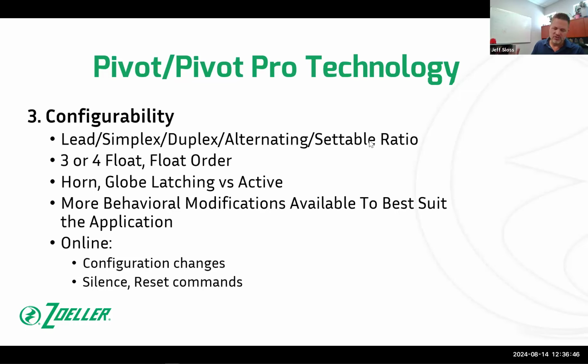So just by way of example, if it was in my own backyard, I had a duplex station. I don't want my pumps to wear evenly because I want one to wear out sooner than the other, so that the second pump that hasn't worn out still has plenty of life until I can get the first pump replaced. I want to minimize the risk that they both perhaps fail at the same time.